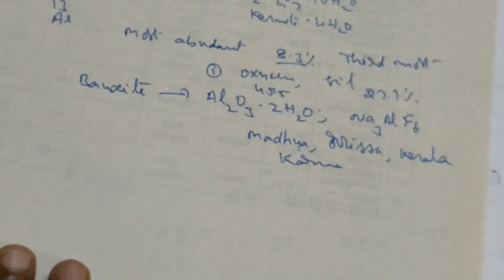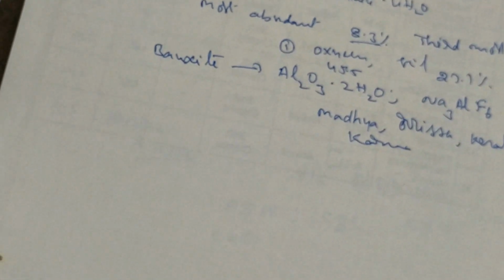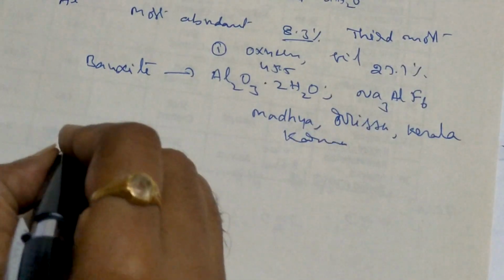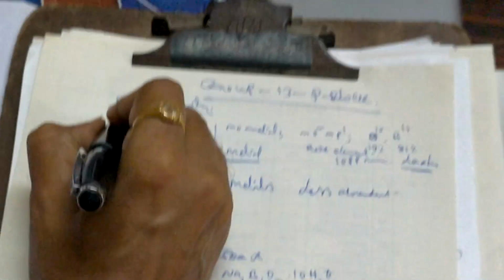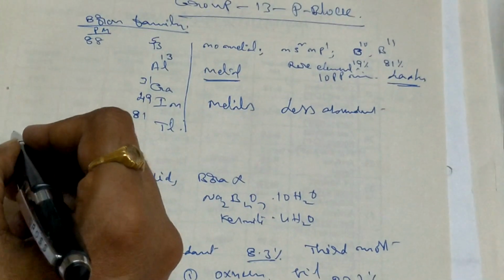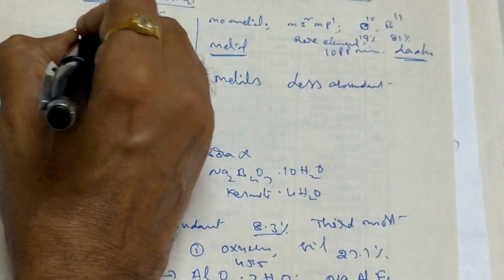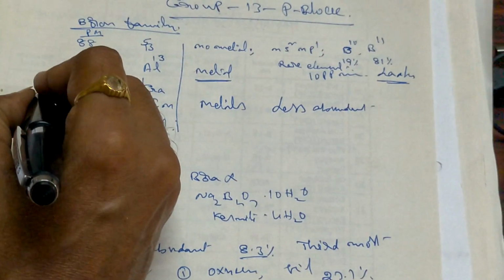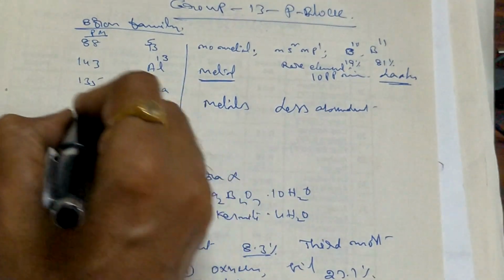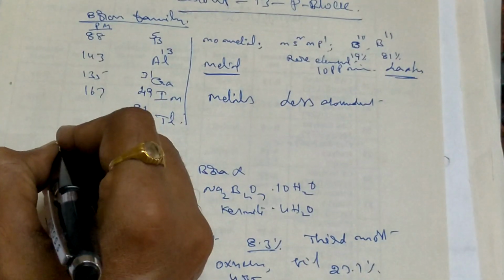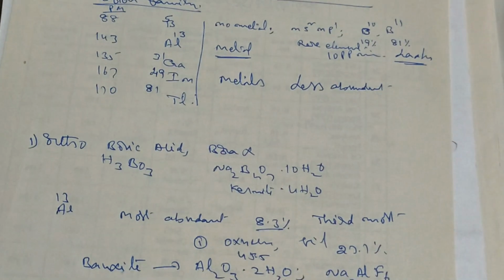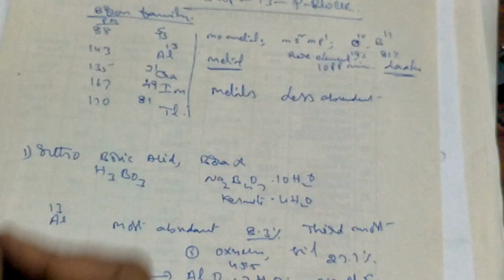If you see the atomic radii, for boron it is 88 pm, all in pm only I am writing. Aluminum is 143, gallium is 135, indium 167, and 170 for thallium. pm is picometer.